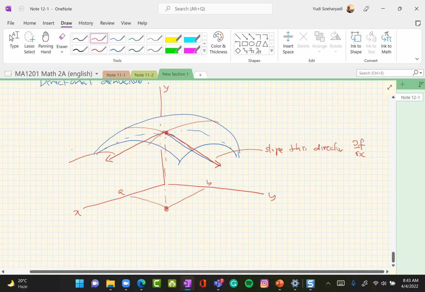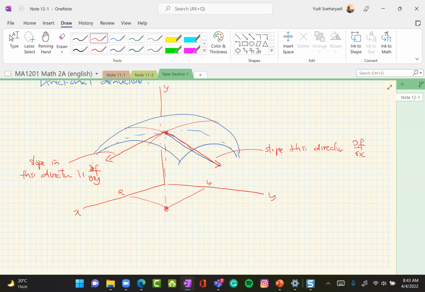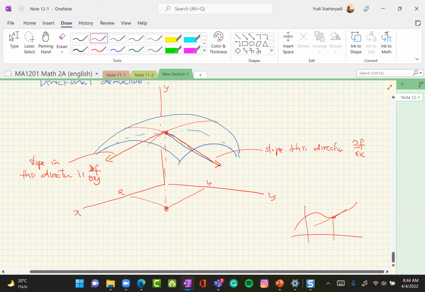And the slope in this direction, okay. So derivatives mean slope anyway. So the only thing is that when you're in one variable, what is slope? Slope is slope as you go from left to right.